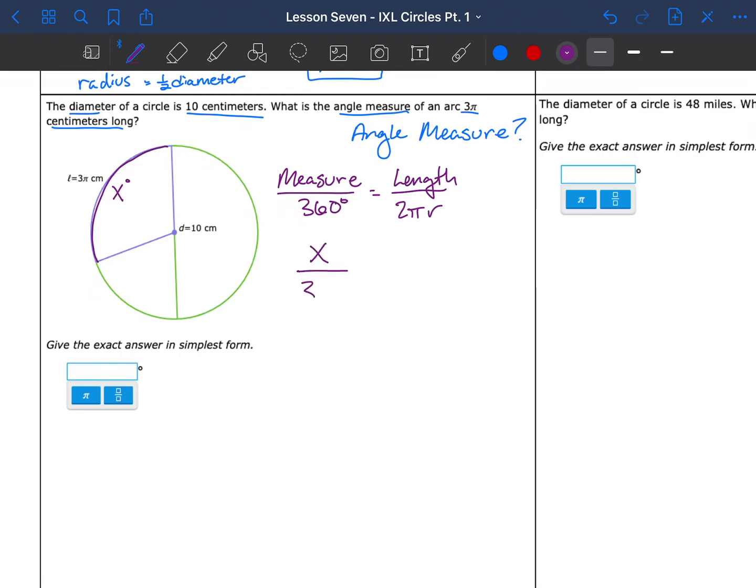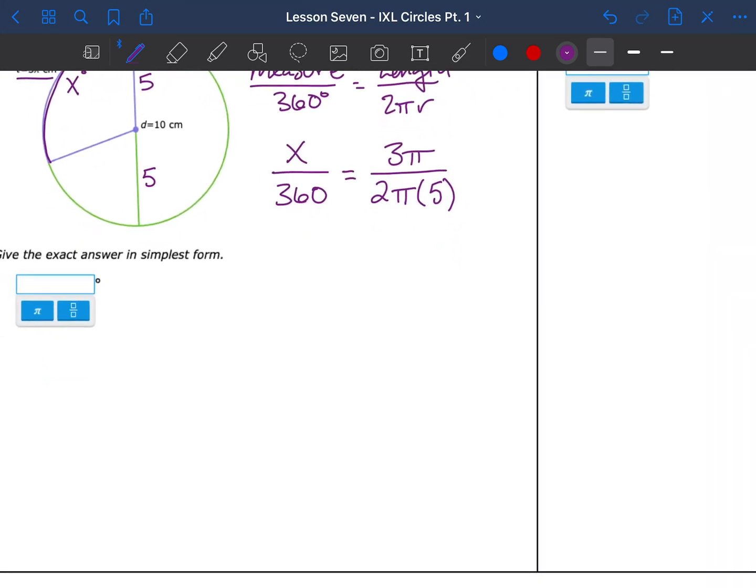So it's going to be x over 360 equals, I know the length of it is 3 pi, so 3 pi. And I'm going to do 2 pi, and the diameter is 10, so the radius is 5. So it's 5, and booyah, I have it. So, cross multiply, or butterfly method.